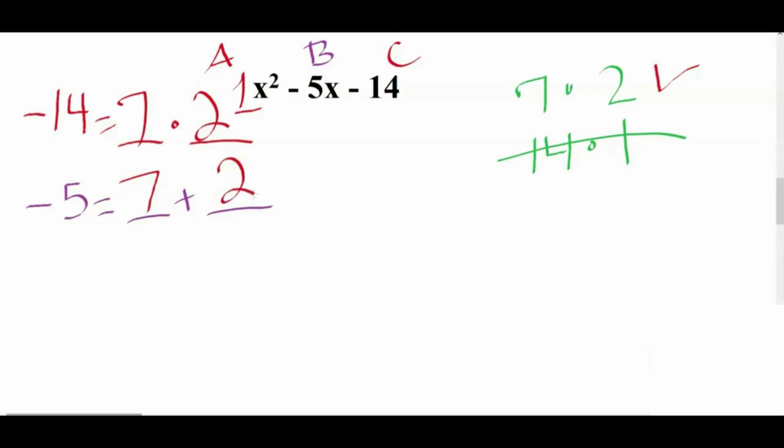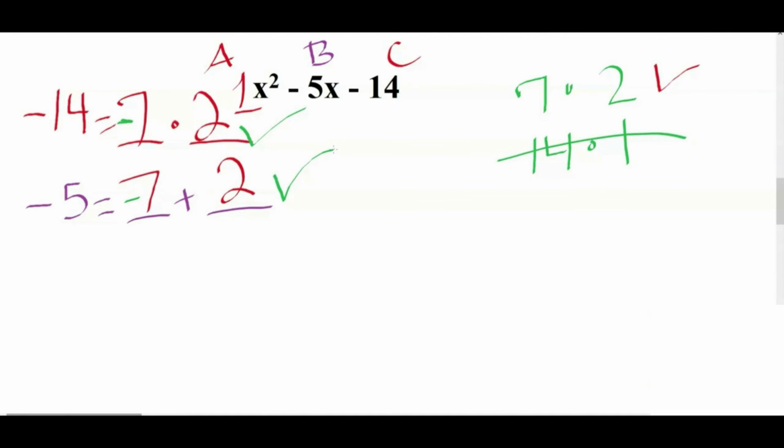Okay, so 7 and 2. Well, I want to end with a negative number, so I know that I want the bigger number in this set to be negative. Okay, so different signs, negative 7 times 2, that checks out. It does give me negative 14. But I want to make sure that when I combine these two numbers, negative 7, positive 2, that it also gives me negative 5.